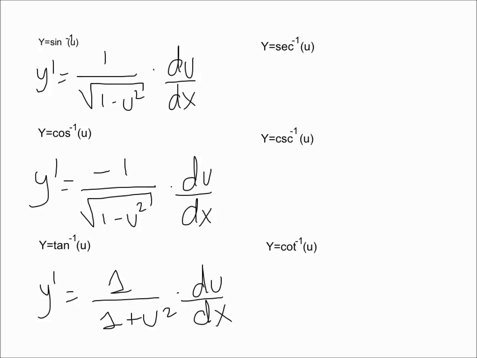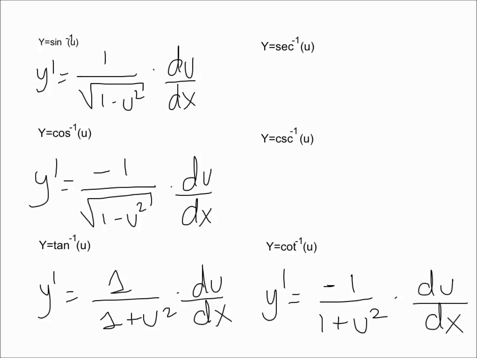The inverse cotangent is very similar to the inverse tangent. So I'll write that next. But instead it has a minus sign, so negative 1 over 1 plus u squared times du dx. I should really stick to one kind of 1. So it's always 1, just in case you don't get confused.